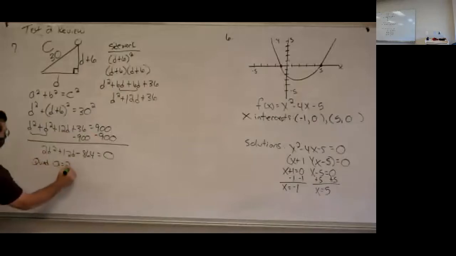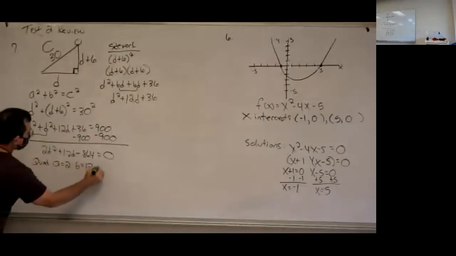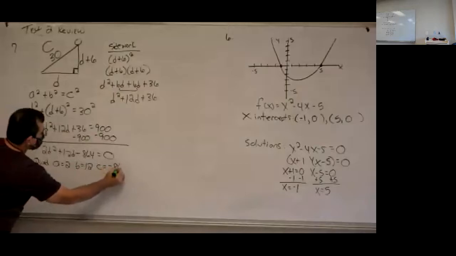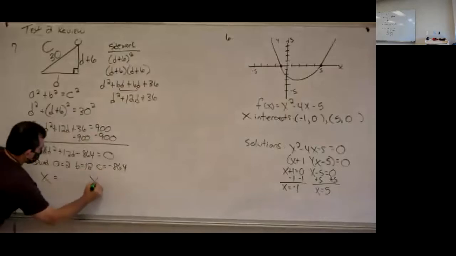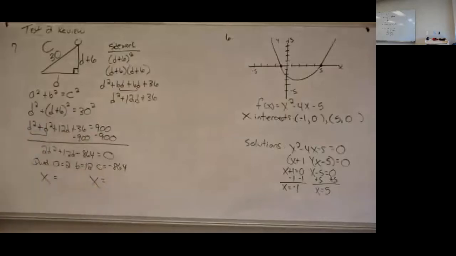A will be 2, B will be 12, C will be a negative 864. That's going to give me 2 answers. But I'm dealing with distances, so I will not keep any negative answers, because my tower is not going to be a negative 5 feet tall or nothing. So I'm only going to keep the positive answers on this.